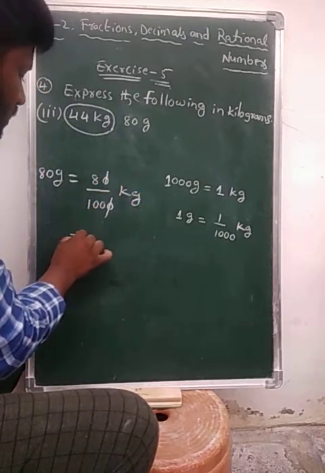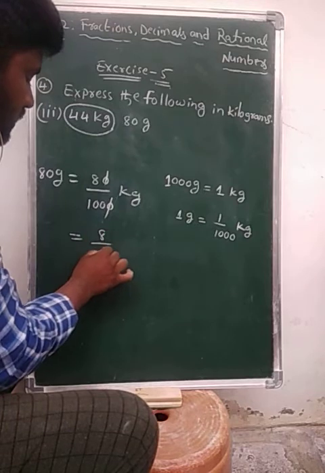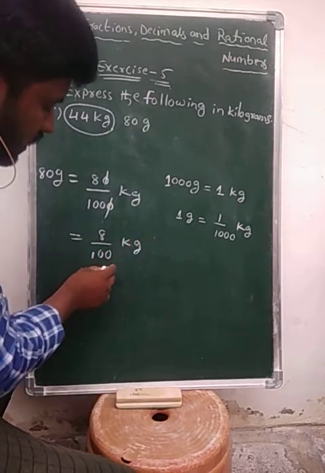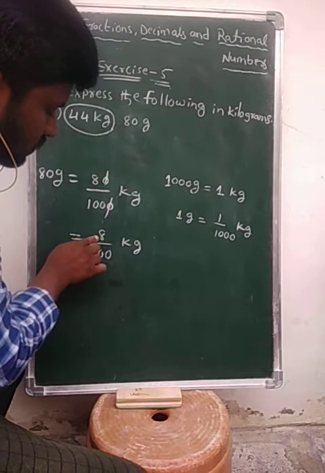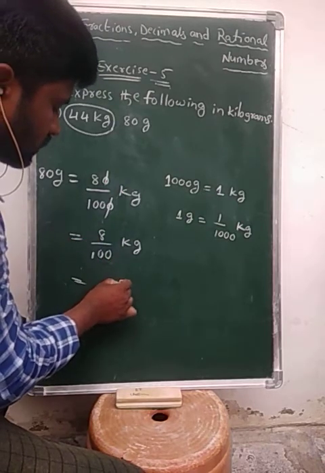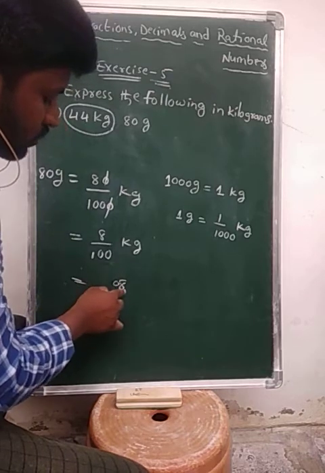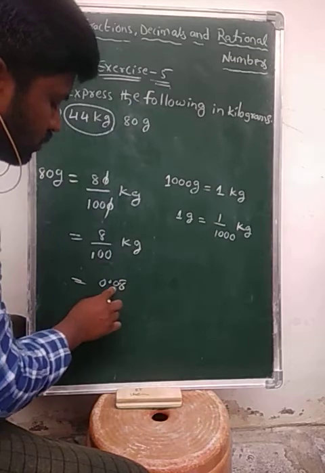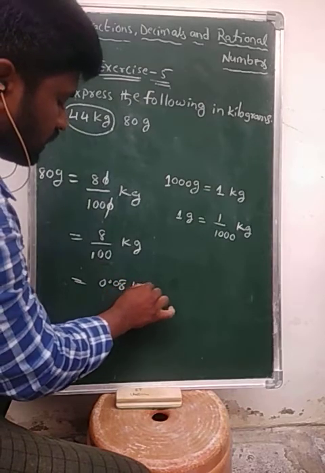Cancel the 0, we can write it as 8 by 100 kg. Here down there are 2 zeros, but upside only one number. That's why you write 8 first, then on the left side you write 0. After 2 numbers you keep a point. So that is 0.08 kg.